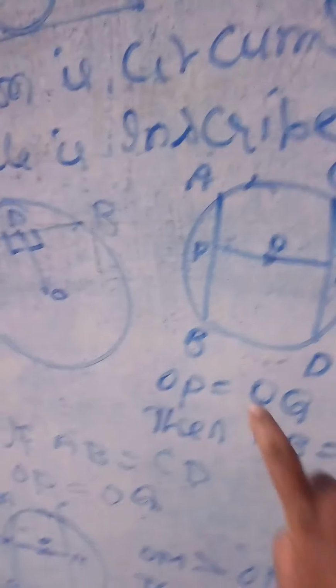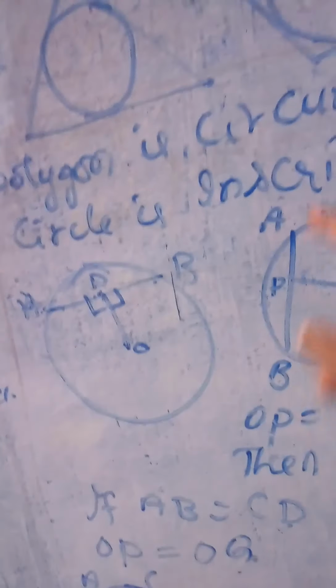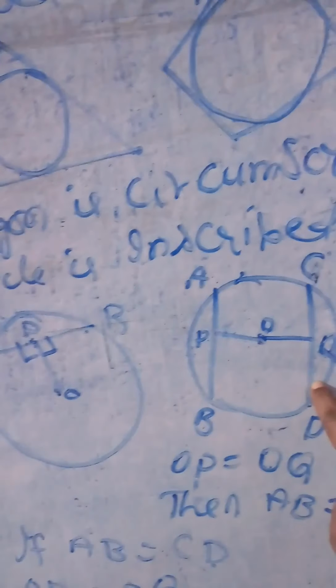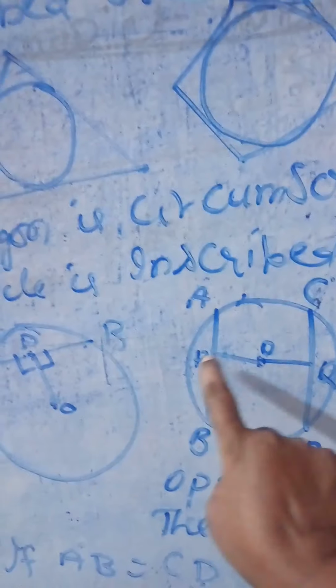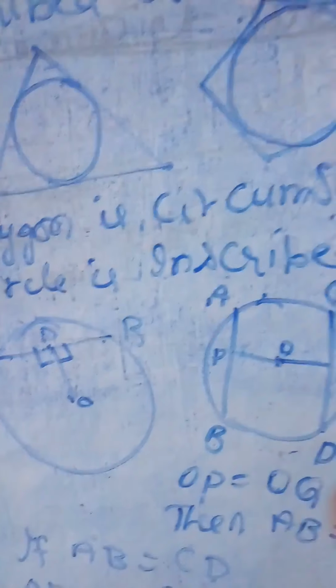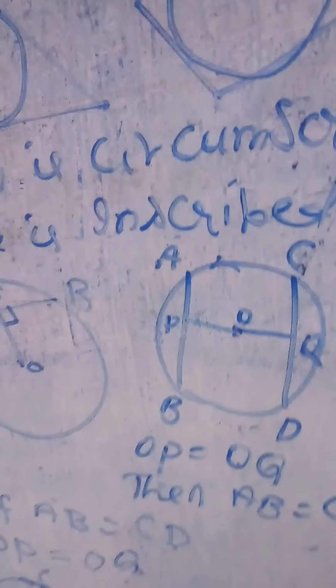So if OP is equal to OQ, then AB is equal to CD. Vice versa, if the chords are equal, the distances from the center to the chords are also equal.